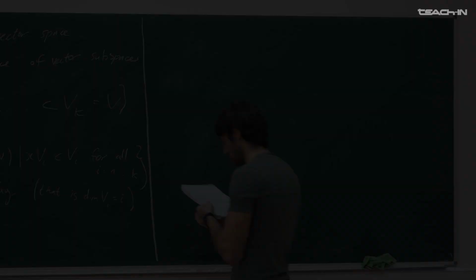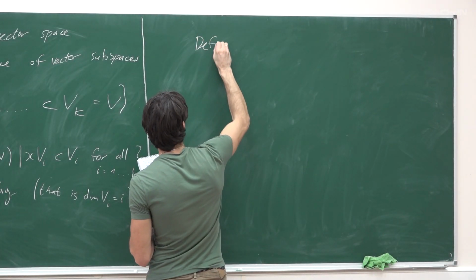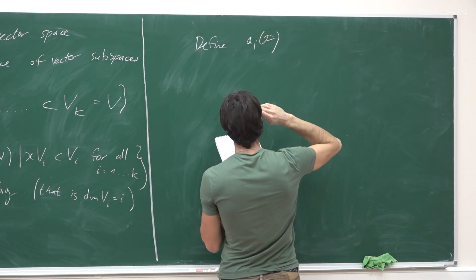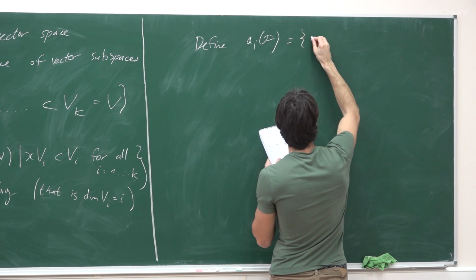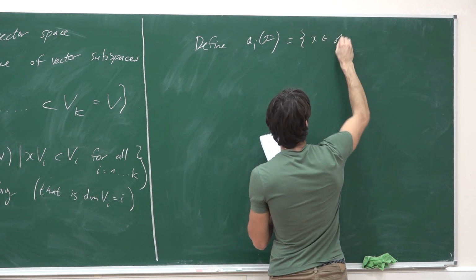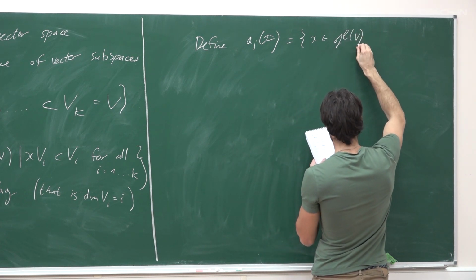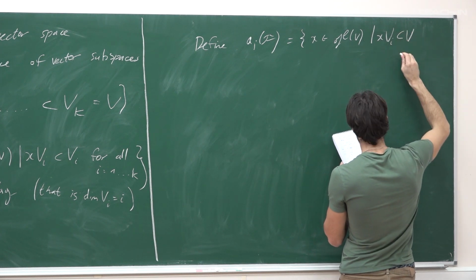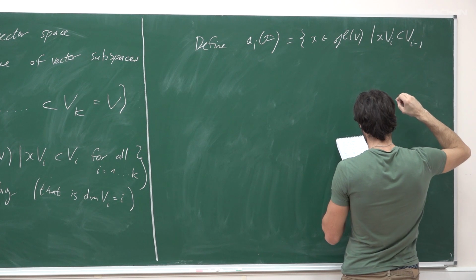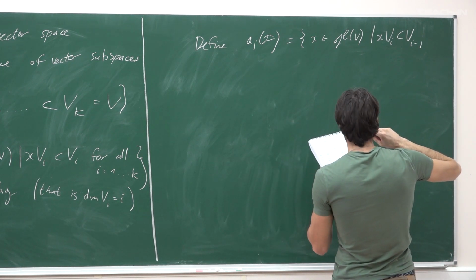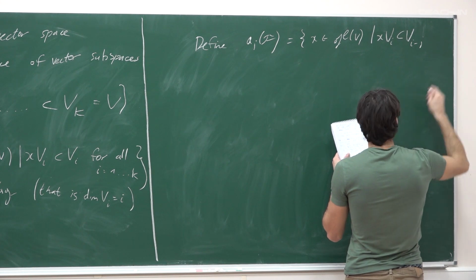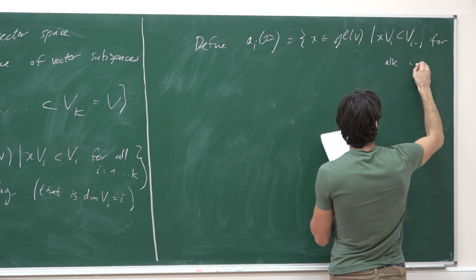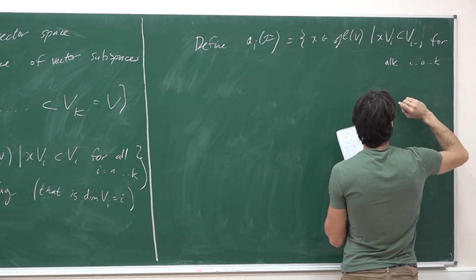All right, so let's prove it. We define A_j of F to be the following: it's the set of X in G of V such that X V_i is inside V_{i-j} for all i from 0 to k.